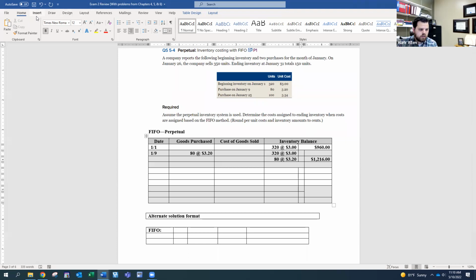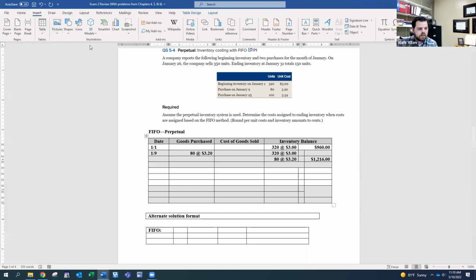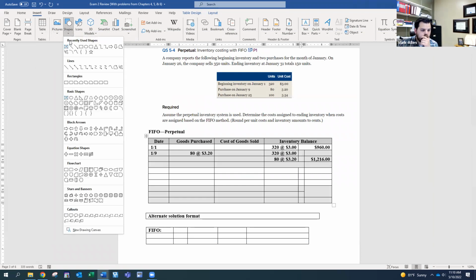Now there's a way to do a little curly brace thing in here. I can't remember where it's at. Don't waste too much time trying to do this. But if I could get one of them, then we would be able to just copy it down for the others. So here we go.